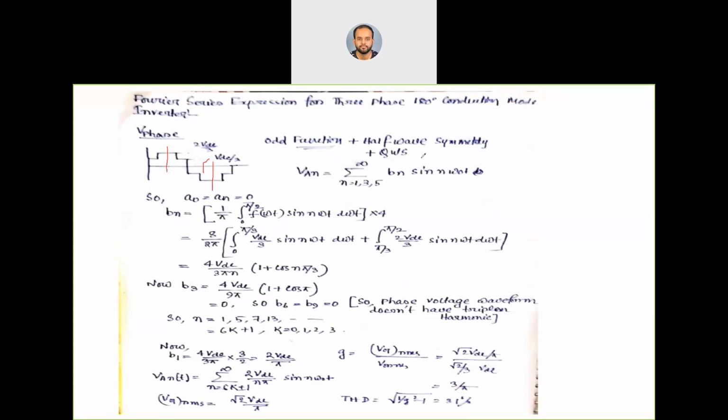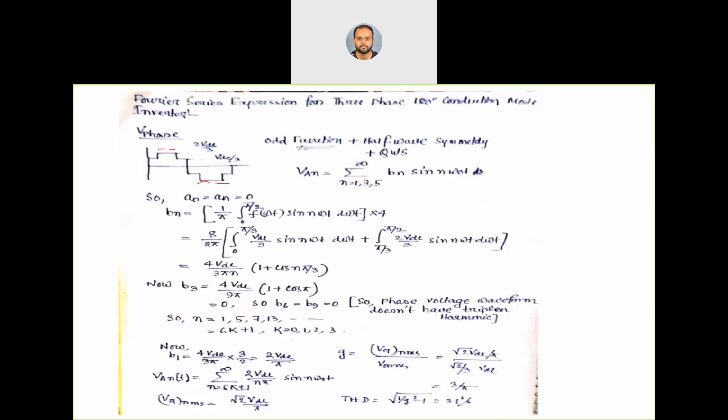Now let's check whether it has quarter wave symmetry or not. For quarter wave symmetry, we already know that f of pi plus theta equals f of pi minus theta. So f of pi plus theta is this portion and f of pi minus theta is this portion, whereas f of 270 plus theta is this portion and f of 270 minus theta is this portion, so they are similar.